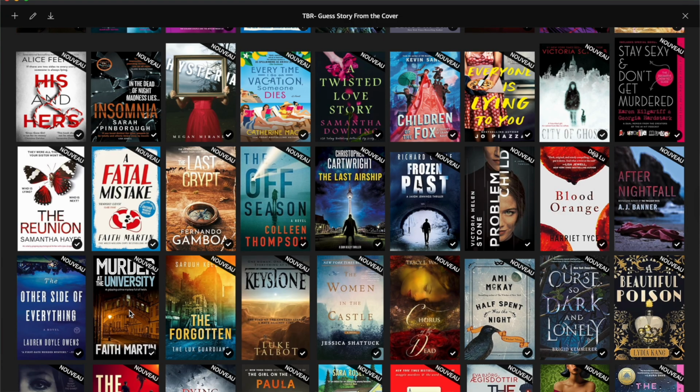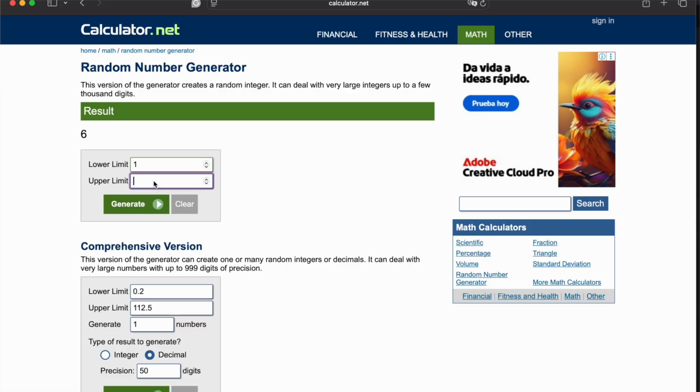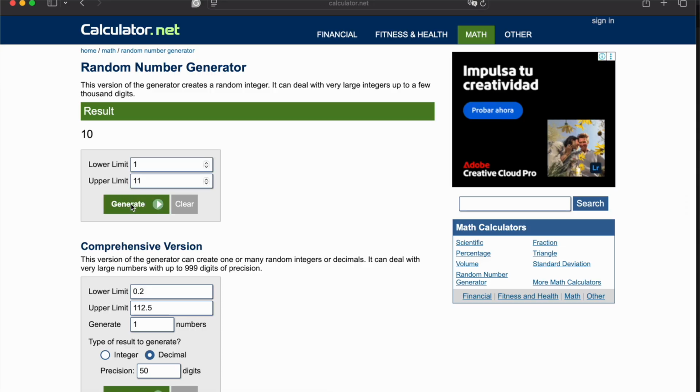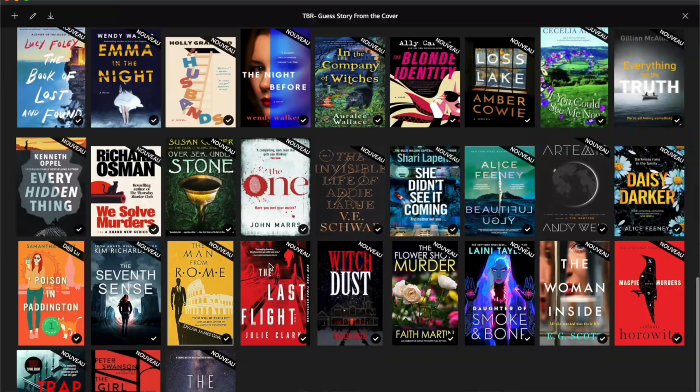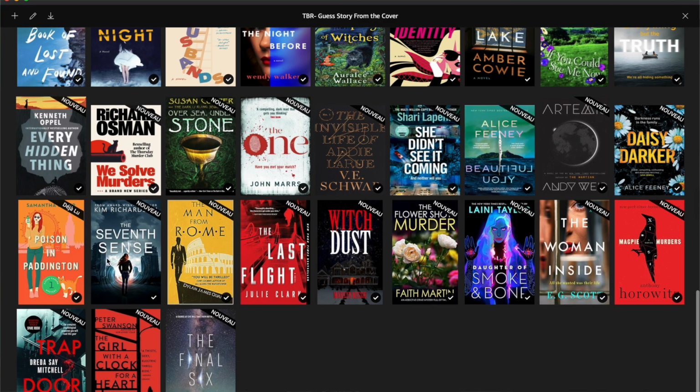Okay, so it's a murder mystery, Murder at the University by Faith Martin. And we're going to go back, because I've decided I'm going to read 3 books for that specific TBR. 1 to 11, the row is 10, and the column is 5. So 10, 5: Witch Dust.